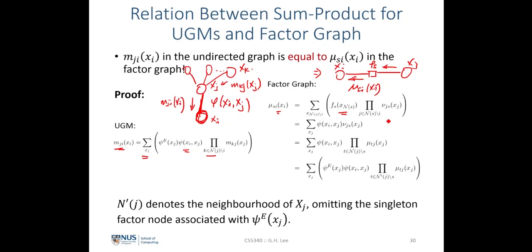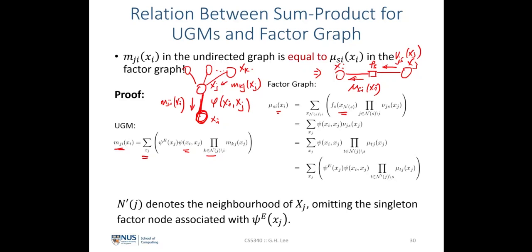Hence, we can rewrite this term into the summation over xj, and the neighborhood of fs would only be xi and xj itself. So again, the message passed towards fs would only be from xj itself, except for the random variable xi. In this case, we can rewrite this message as nu_{xj→fs}, which contains the random variable xj itself.